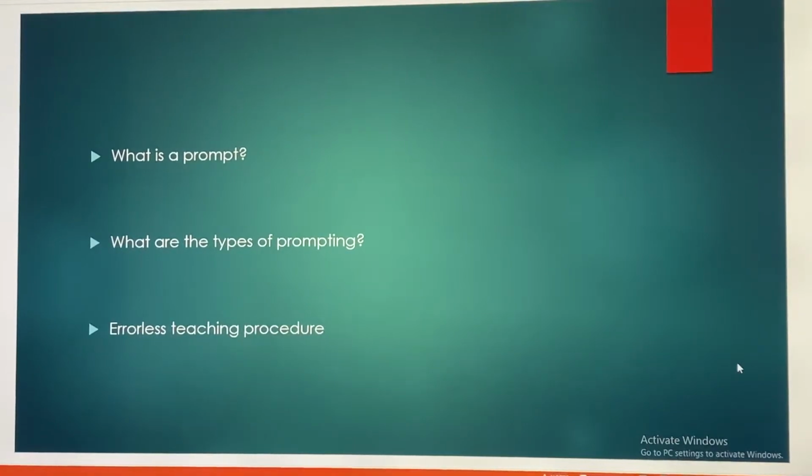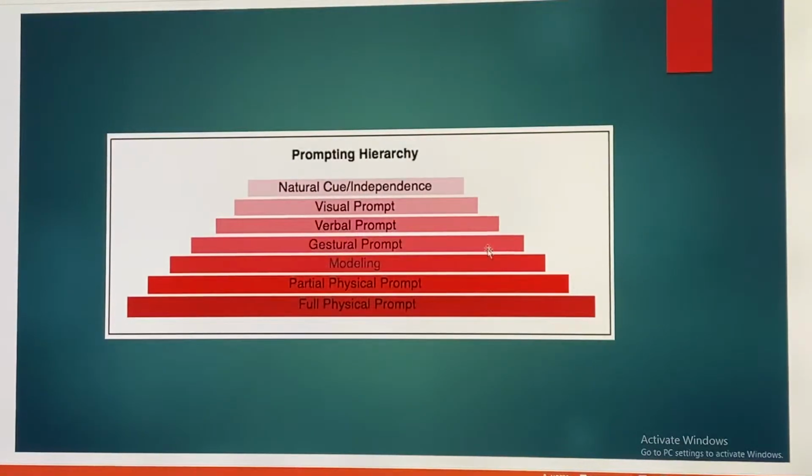Ideally, you want to use prompting in a way that leads to errorless learning for the learner. The way that we teach errorlessly is by providing the most intrusive prompt, which is full physical prompt.